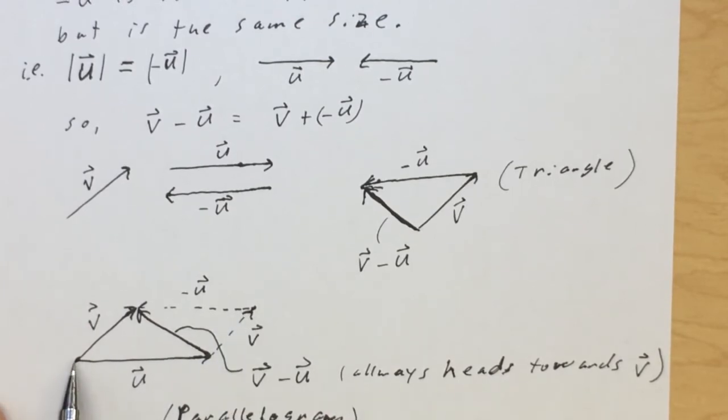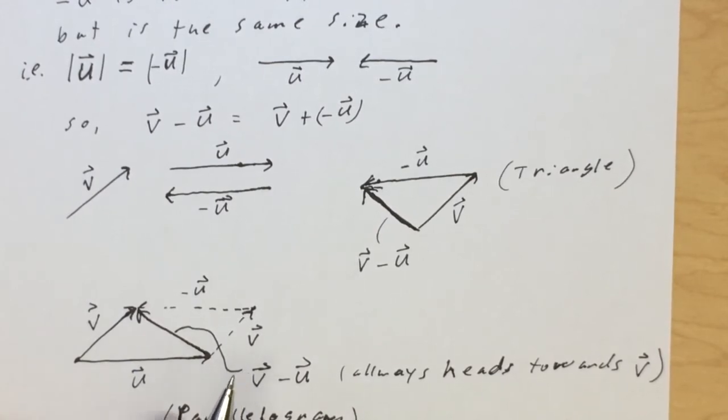But if you want to do vector subtraction, it's the opposite diagonal. There are only two diagonals in a parallelogram. So these two vectors u and v make this parallelogram. U plus v is along here, and v minus u is the opposite diagonal.